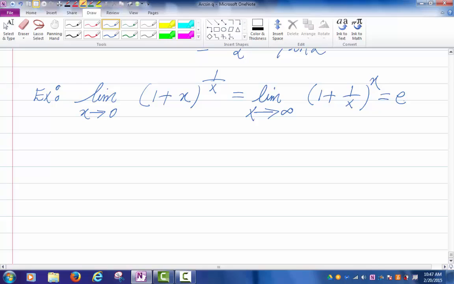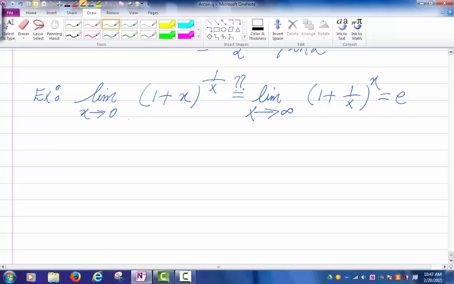Okay, so we can think of e as the limit of these functions, either as x goes to 0 or x goes to infinity. I will let you figure out why these two are the same. It's very easy to see why they are the same. You just have to think for a second.